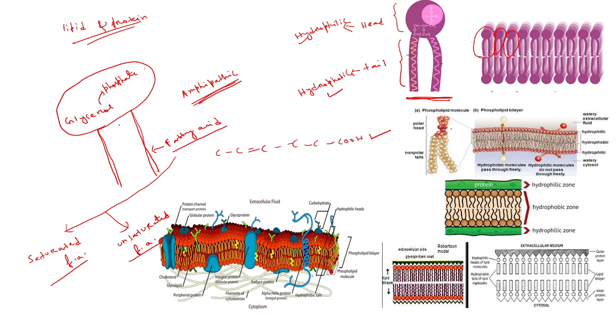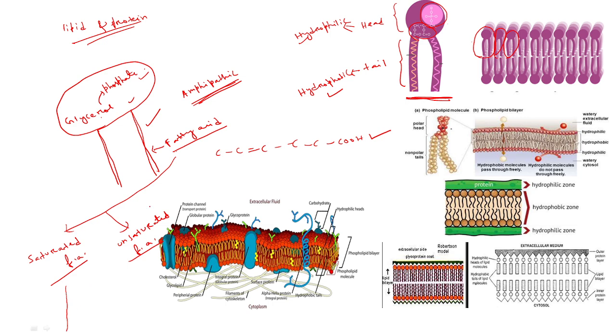So look at the structure. What is the lipid? The lipid has at the head part the glycerol and the phosphate. Look at the structure. This is the glycerol structure, this is the phosphate structure, and this is the tail. Tail means it is only the fatty acid. So lipid means glycerol, phosphate plus fatty acid. One is the saturated fatty acid, another is the unsaturated fatty acid. The saturated fatty acid is present like this, that means in a straight line structure.